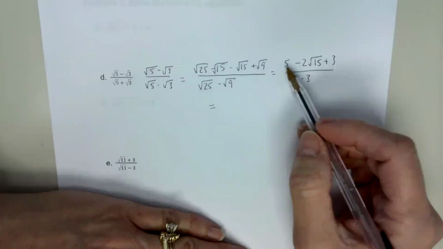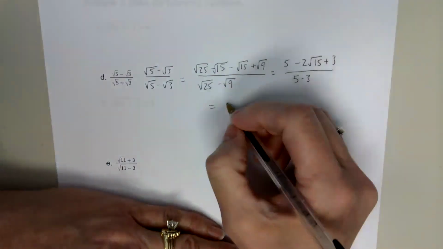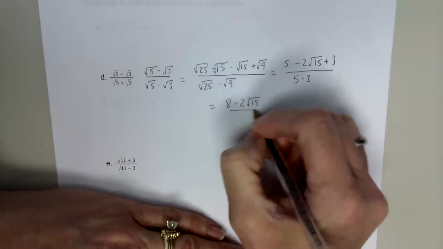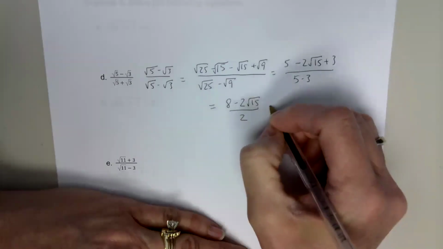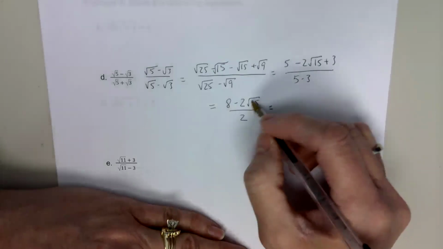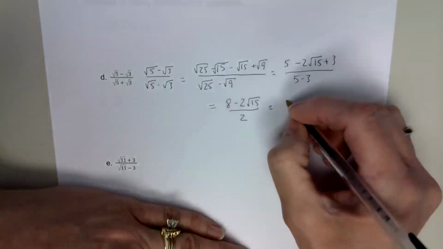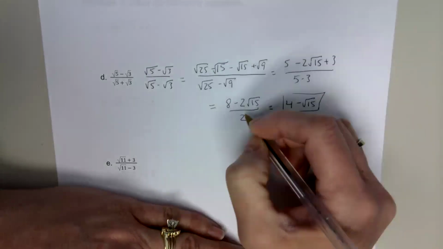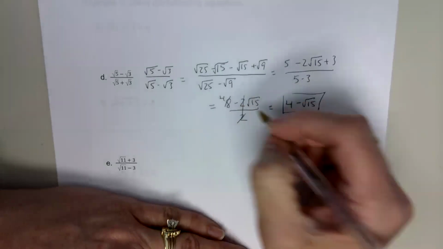So if we combine our numerator, 5 and 3 is 8 minus 2 times the square root of 15 over 5 minus 3 is 2. And it looks like we can cancel a 2 out of both terms in the numerator. So that simplifies to 4 minus the square root of 15.